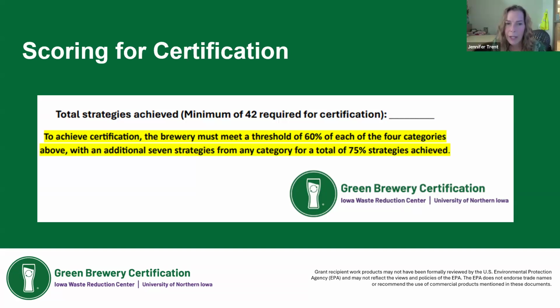We would like 60% of the strategies to be obtained in each of those four categories, and then an additional seven elective strategies from any of the categories for a total of 75% of the strategies achieved. So in order to get certification, a minimum of 42 is required.